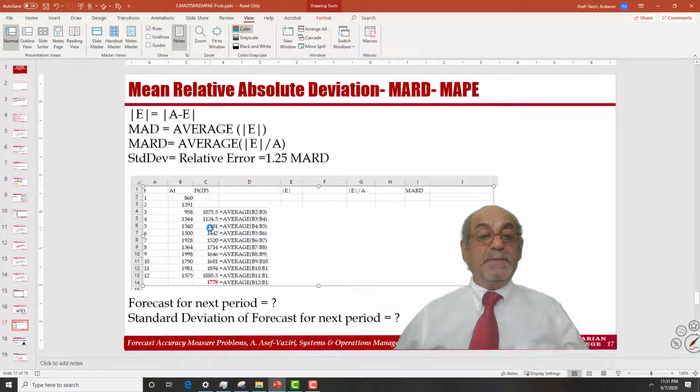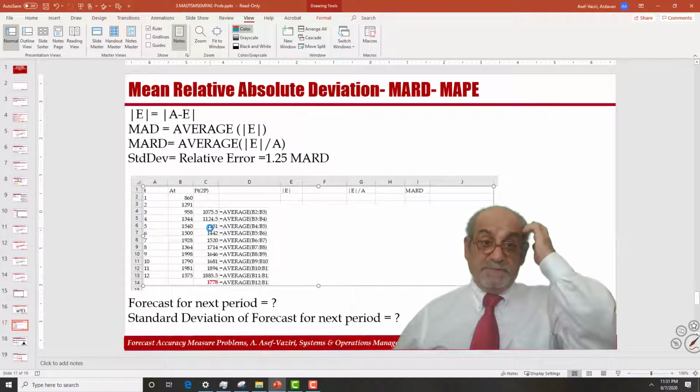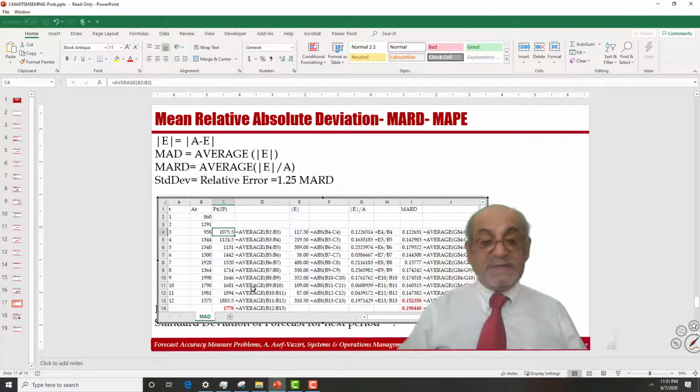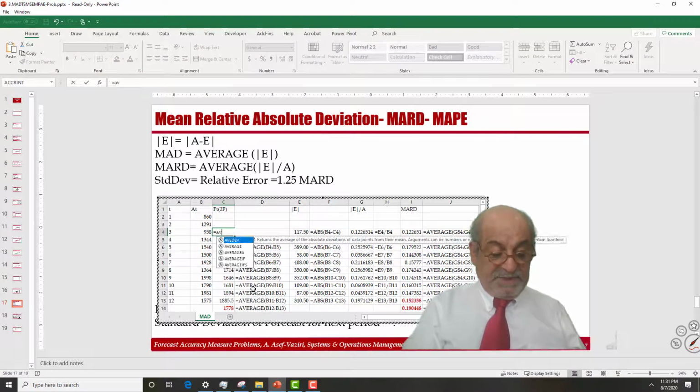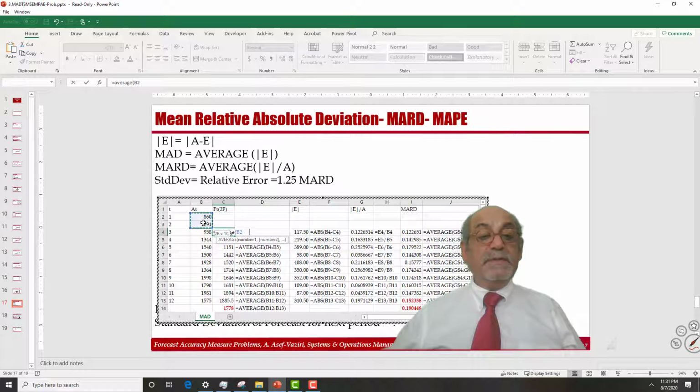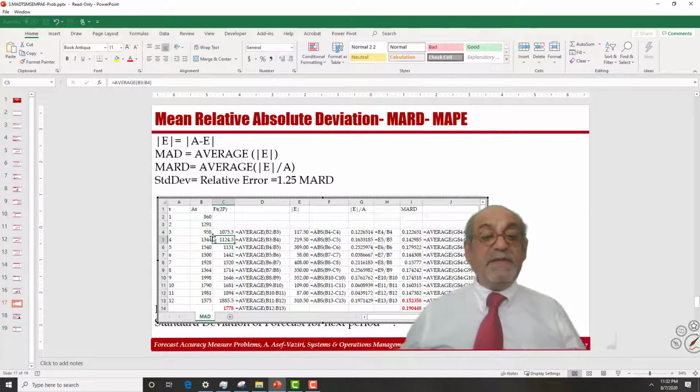Double click on it, or I can right click on it. Both of them work most of the time. 2 period moving average, so that's equal to the average of these two. That is 2 period moving average, and I copy it down. And all of the formulas are here.